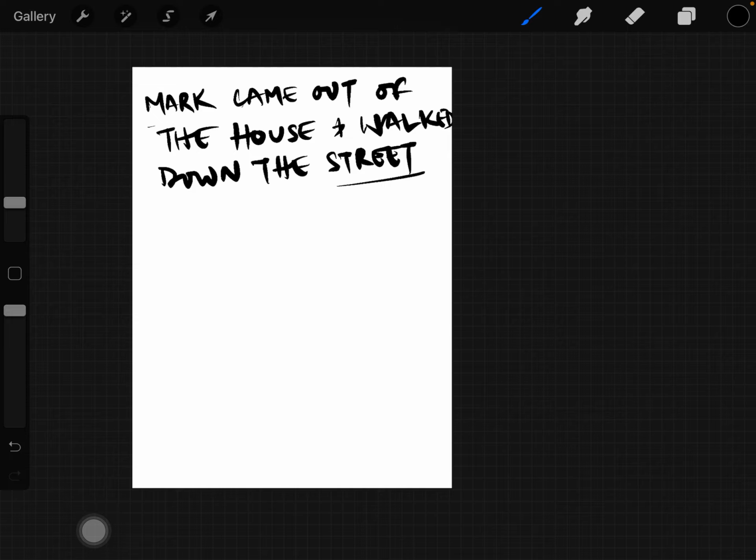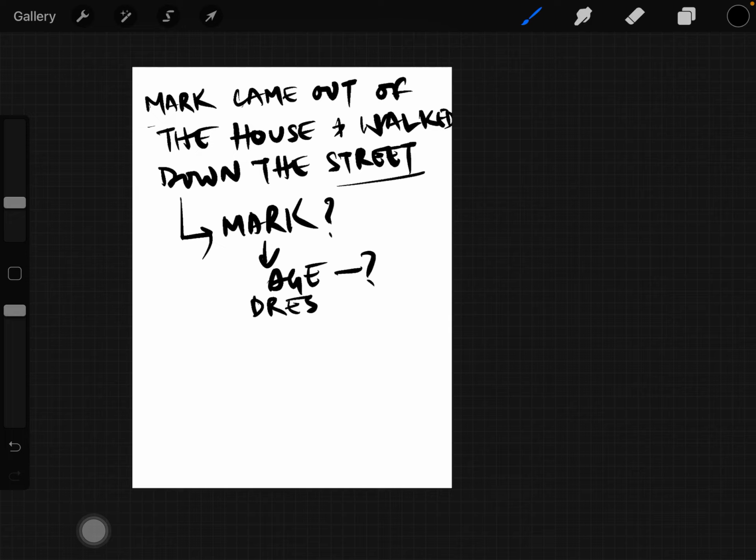Very simple, right? But what you need to show here: who is Mark, what's the age of Mark, dress, what is Mark wearing?